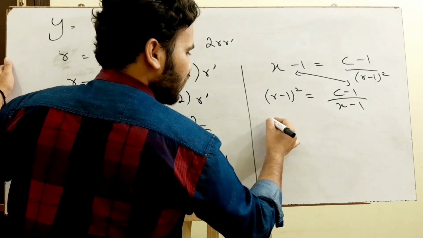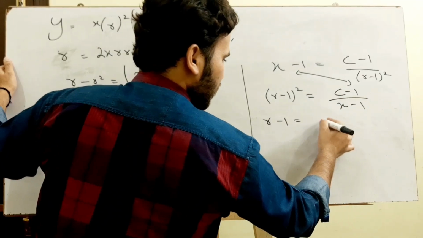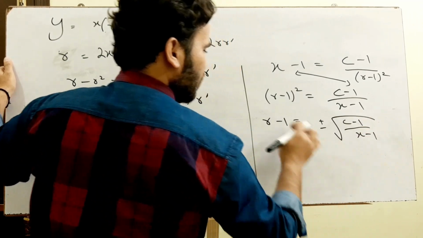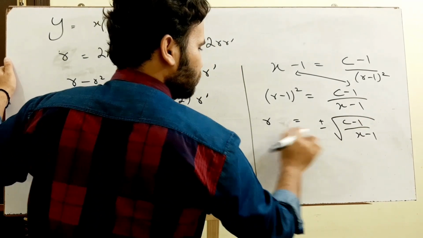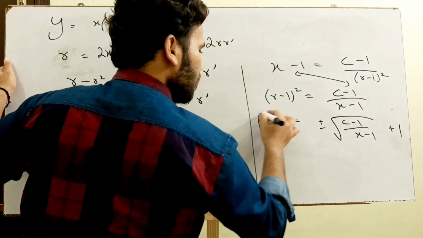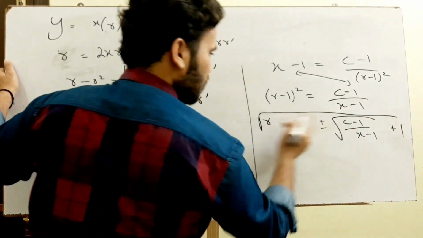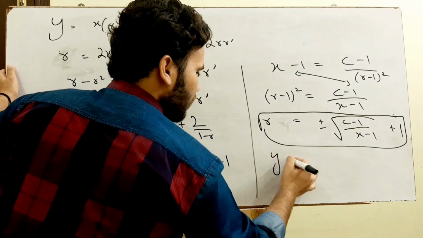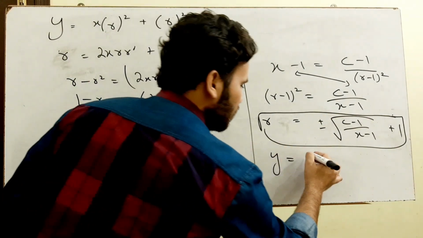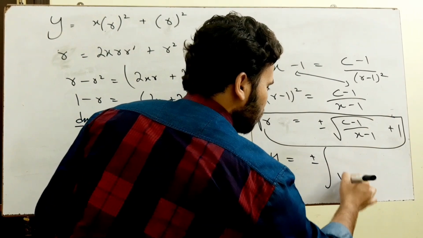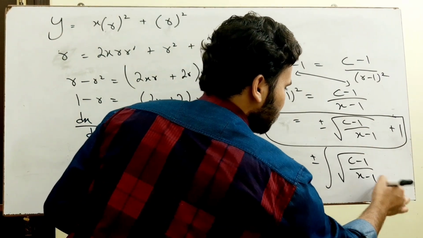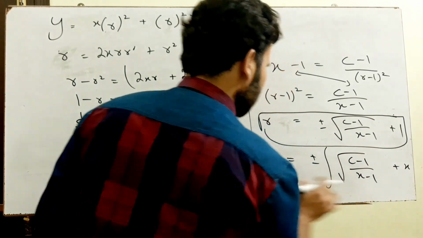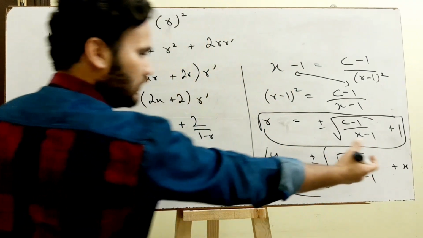Now taking square root both sides, then this will be r minus 1 equals plus minus radical c minus 1 over x minus 1. Now adding 1 both sides, then this is our r. R means y prime, so y will be, integrating, plus minus square root c minus 1 over x minus 1 plus x, and this is our y general solution.